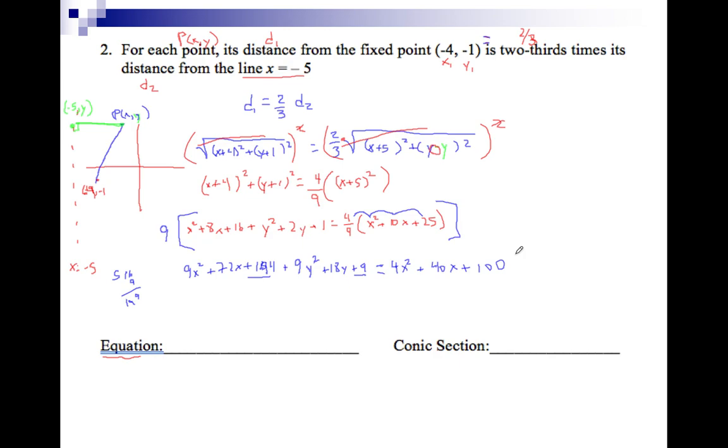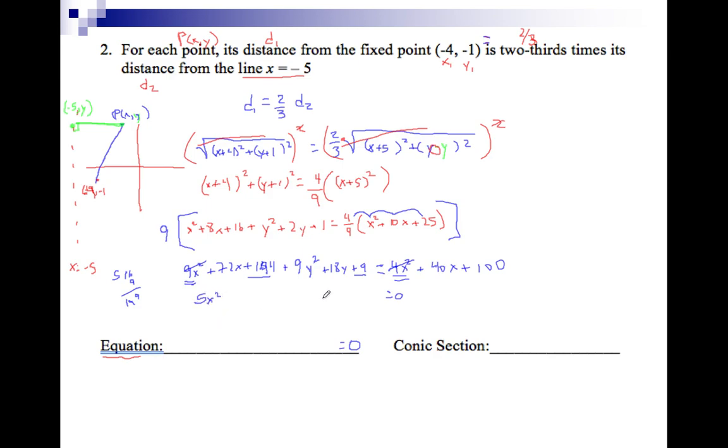Now we're just combining, right? I have a 9x squared over here and a 4x squared over here, so I'm going to get 0 on the right side. I'll take that 4x squared and subtract it from 9x squared. So I get 5x squared.